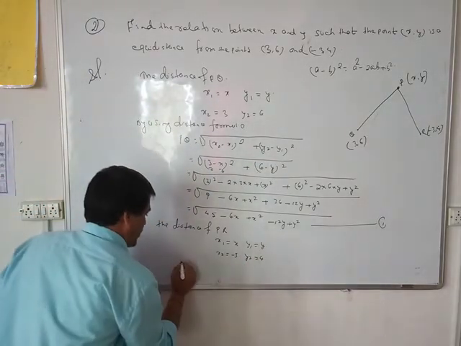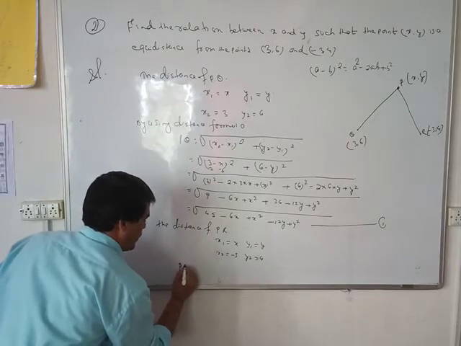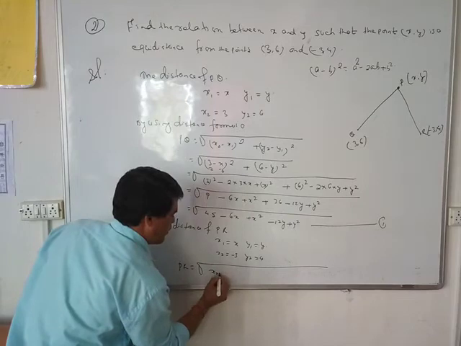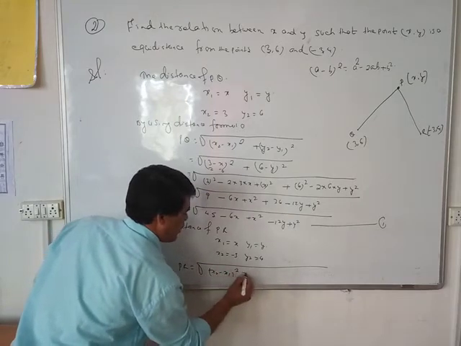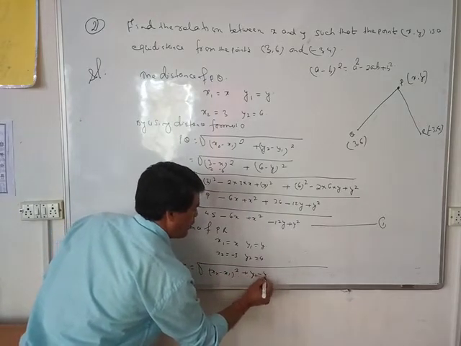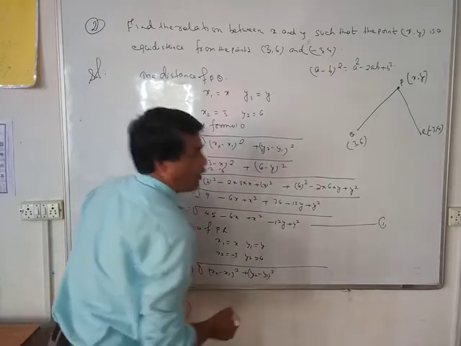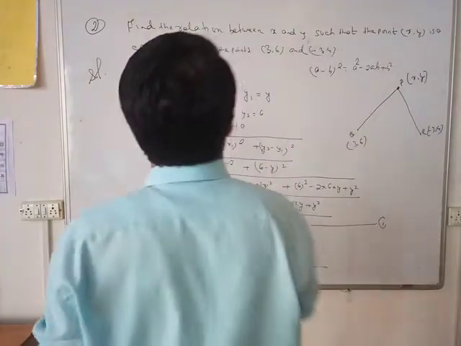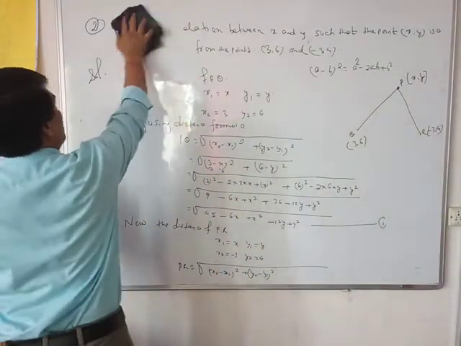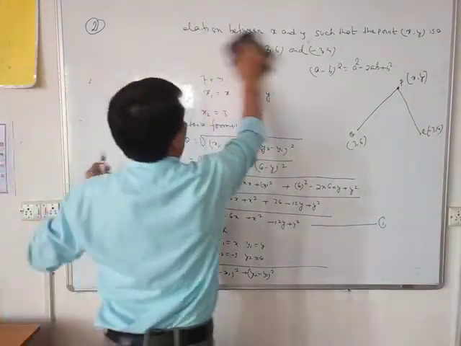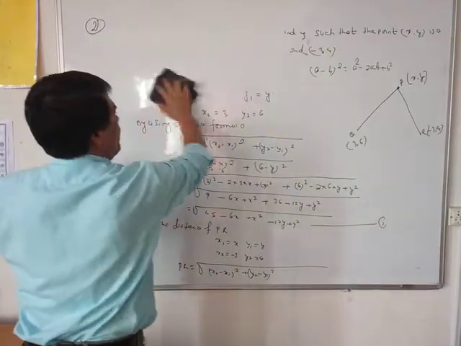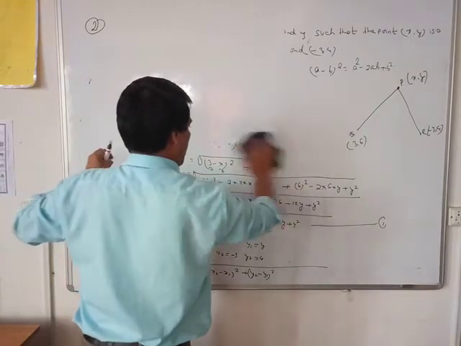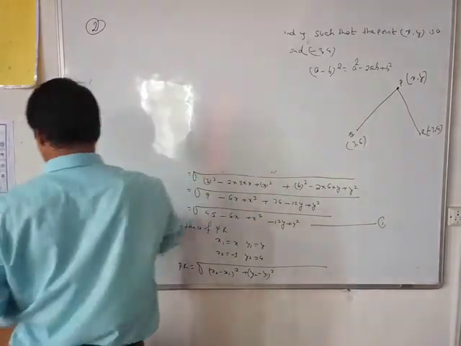Then by using the distance formula, the distance of PR is equal to square root of x2 minus x1 whole square plus y2 minus y1 whole square. Now what do we have to do? We put the values in the distance formula and expand it. After expanding, what does the second equation come to?